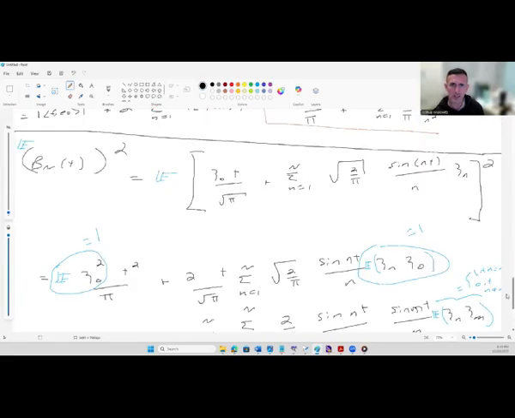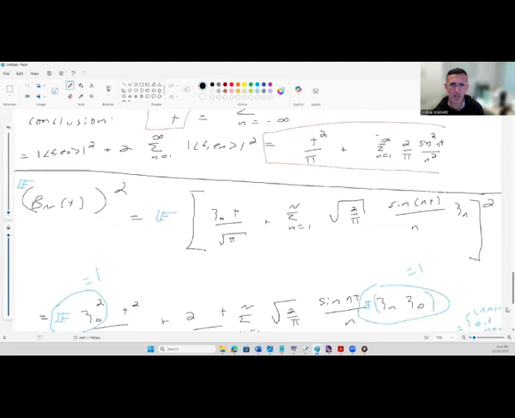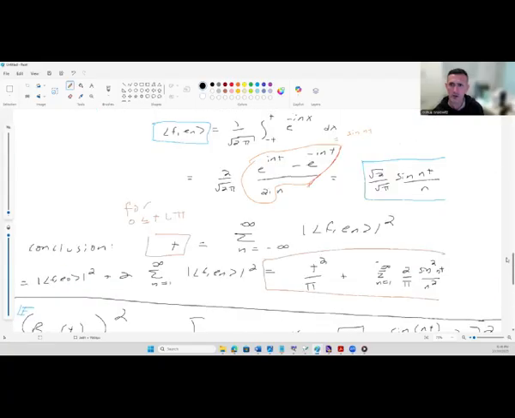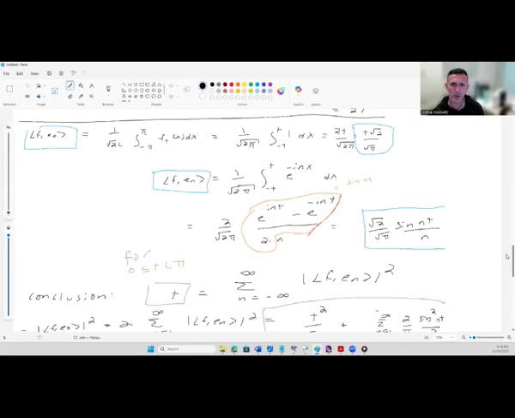So we've already got the t squared over pi. That's good. Need plus the sum from n equals 1 to N of 2 over pi. Did I really forget to square?